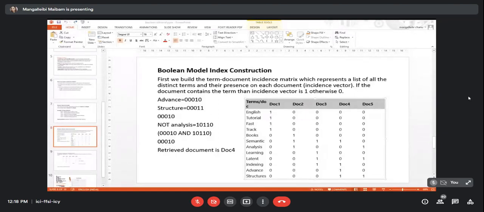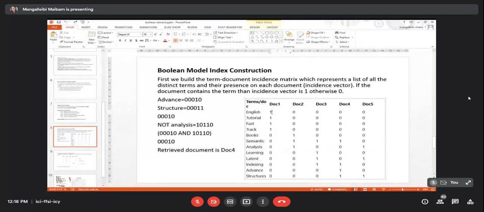Now we have to find the Boolean representation of each term. For example, English. We have to check if it is there in document D1. If it is there, you write 1. Then check English in document D2. If it is there in D2, write 1.